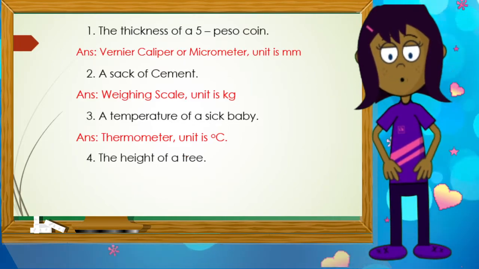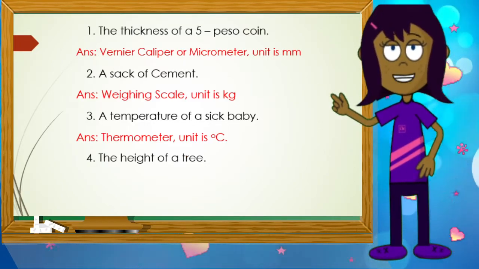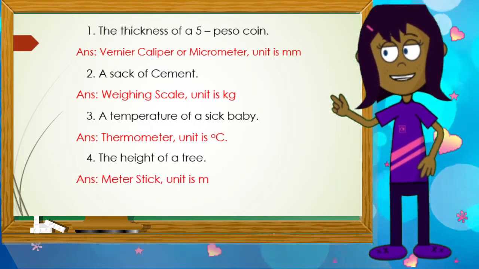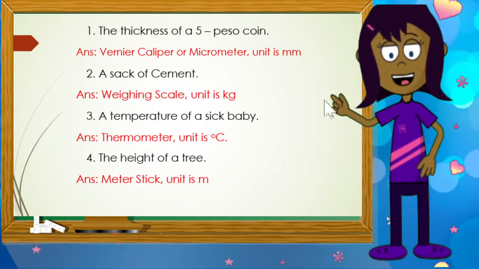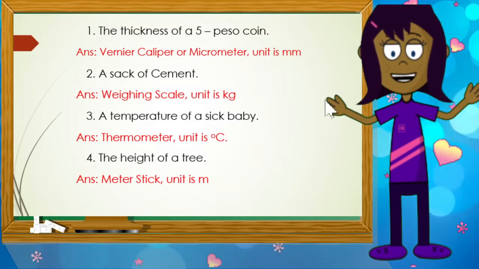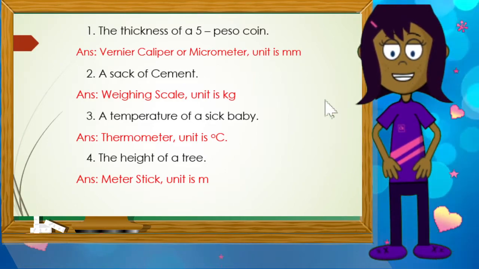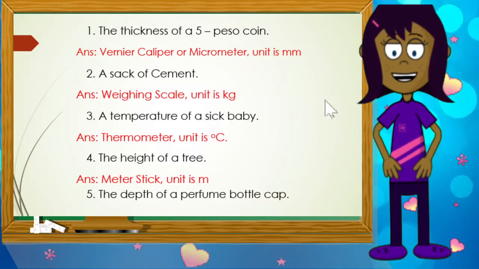Number 4, the height of a tree. For the height of a tree, the best answer is a meter stick. And of course, you can have it in meters. Number 5 is the depth of a perfume bottle cap.